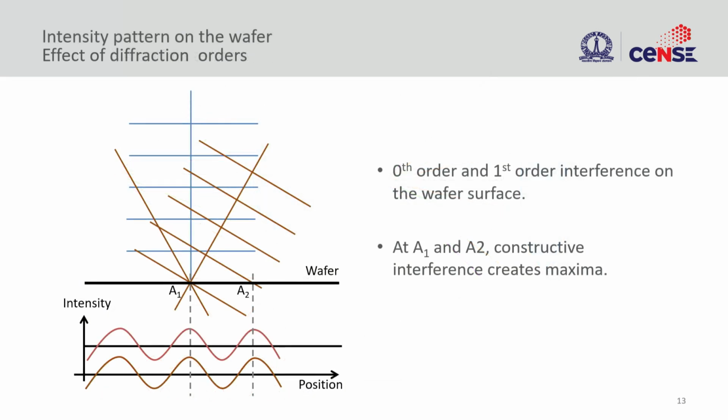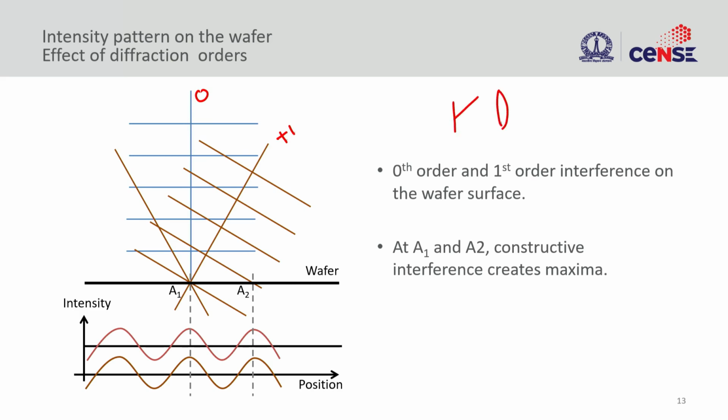So, let us look at what is happening on the wafer. We are slowly moving towards the wafer. Initially we saw the mask, then what happens in the projection optics, and now we are on the surface of the wafer. Now I have a 0th order, that is without any angle, and then my first order, let us say this is +1. Why is the angle different? The angle is different because now we are using this lens.